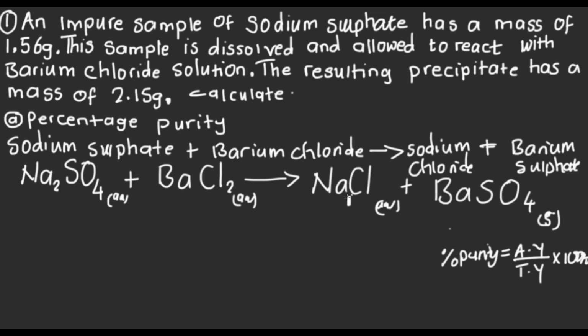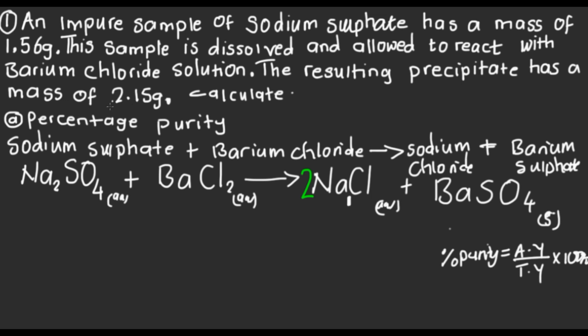There is just a 1, which tells us that we need to put a 2 in front of sodium chloride. Now this 2 is affecting chlorine, which simply means that at this point we have 2 atoms of chlorine as well. Then here 2 atoms. So our equation is balanced.